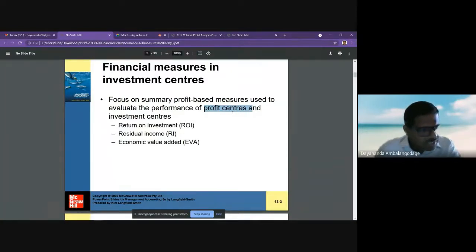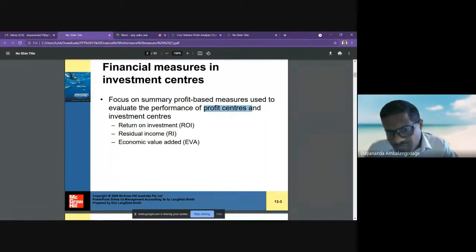That is one side. Eliminating unnecessary overheads, cost-cutting programs, cost control programs are the responsibility of profit center managers. And also they are responsible for the revenue income. So thereby they will take the pricing decision of the product. They will look after the customers. They will have a very good relationship.